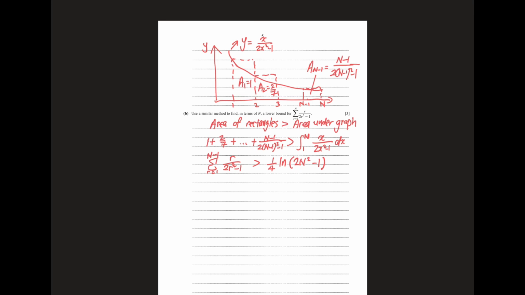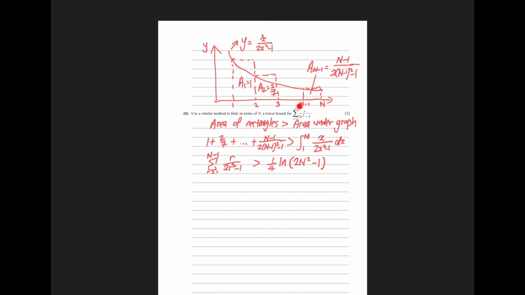Our purpose is to find the lower bound, but our summation is slightly different from this, where we have the first term, second term, and all the way until the n minus 1 term. The n term is not in this series.